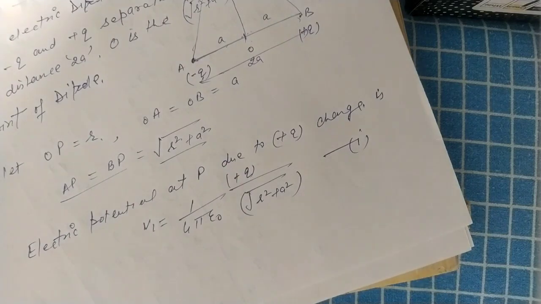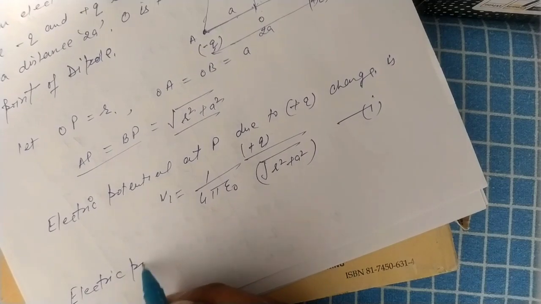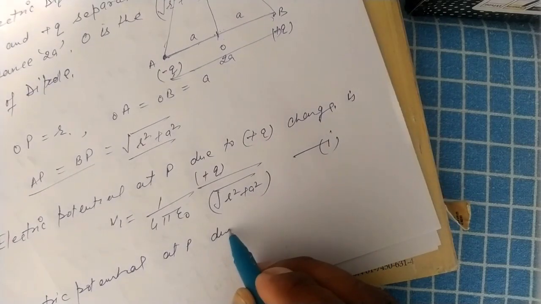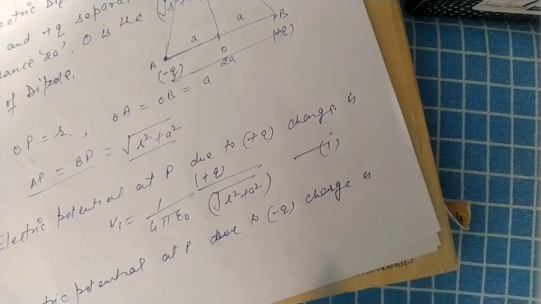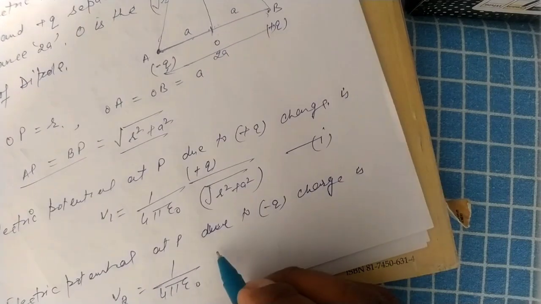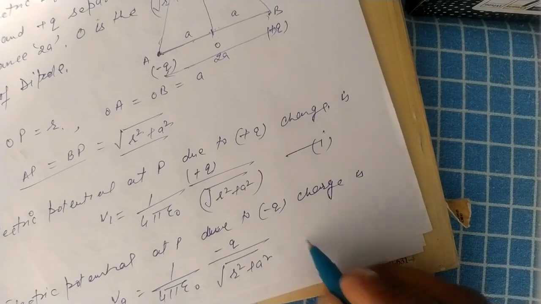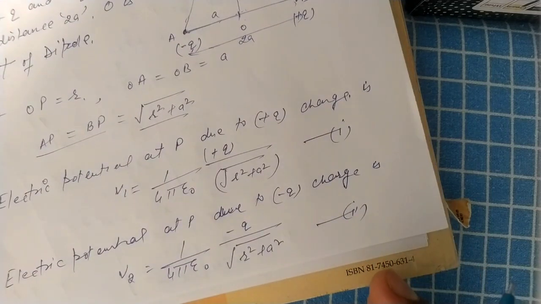Also the electric potential at point P due to minus Q charge, V2, is equal to 1 upon 4 pi epsilon naught, minus Q divided by the square root of R square plus a square. This is the second equation. Now we can find the total potential, V is equal to V1 plus V2.